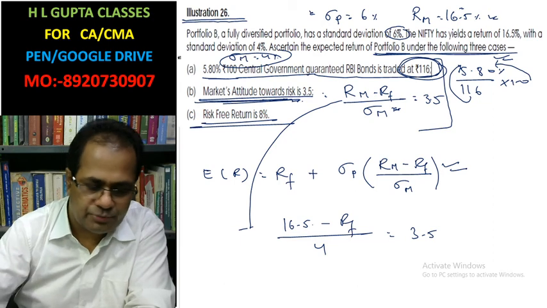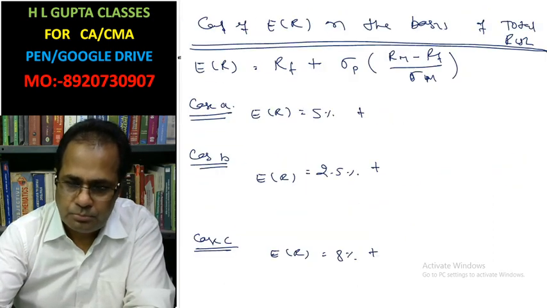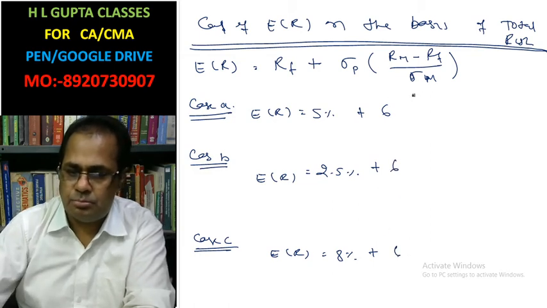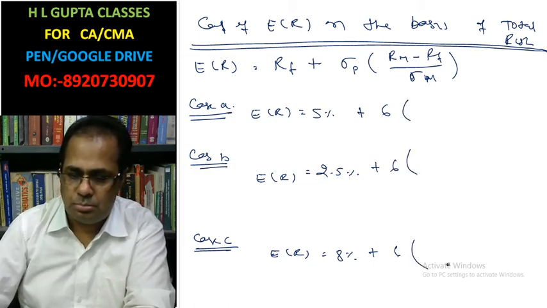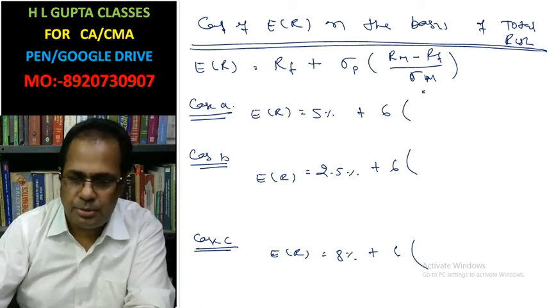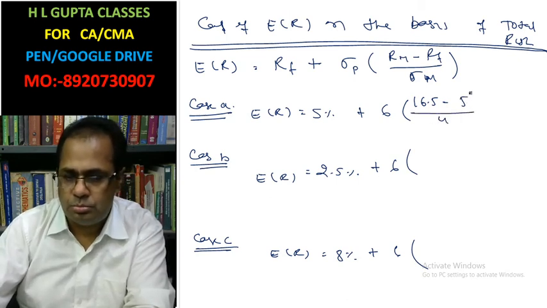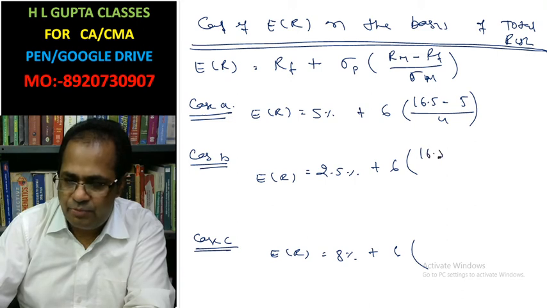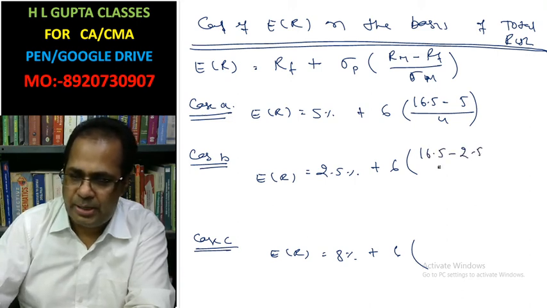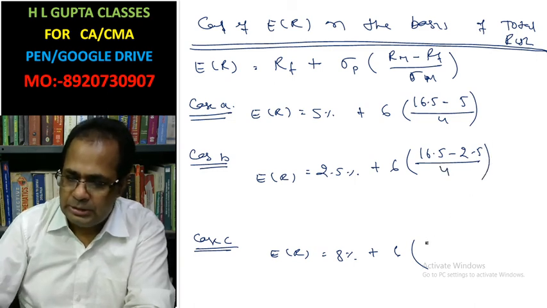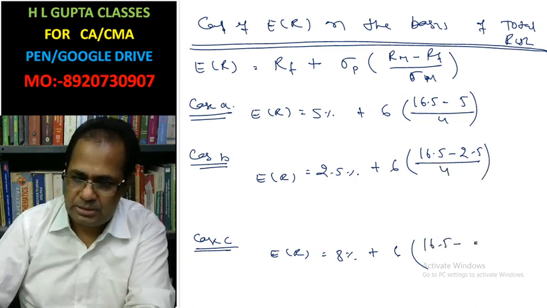So 6 times (16.5 minus 5) divided by 4, then 6 times (16.5 minus 2.5) divided by 4, and 6 times (16.5 minus 8) divided by 4.